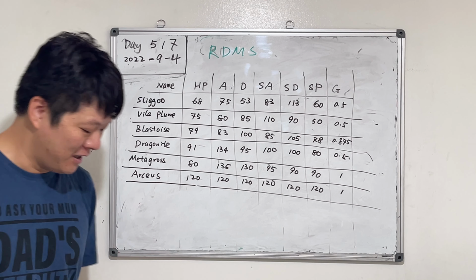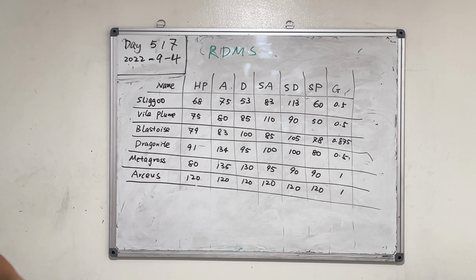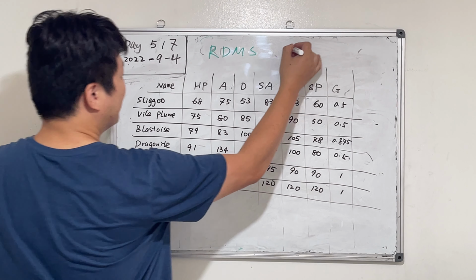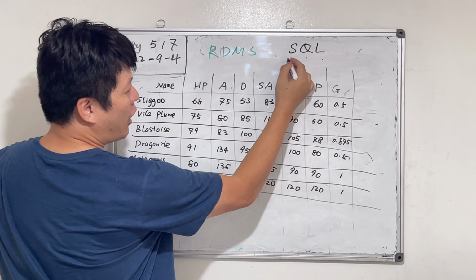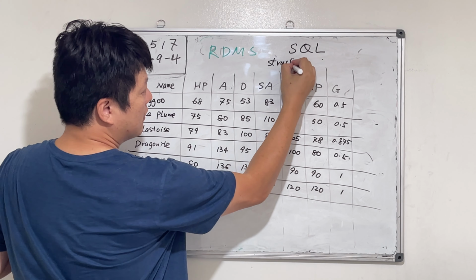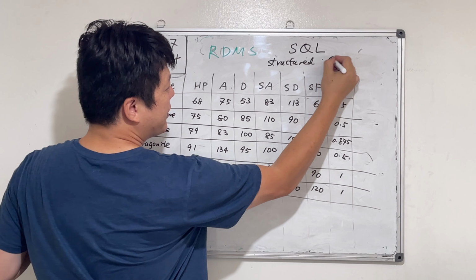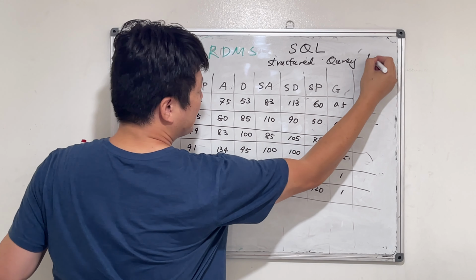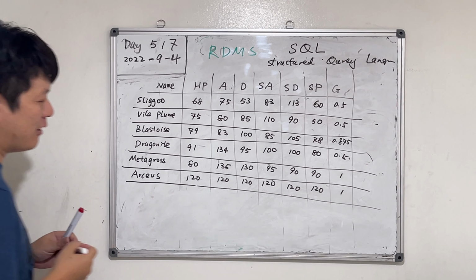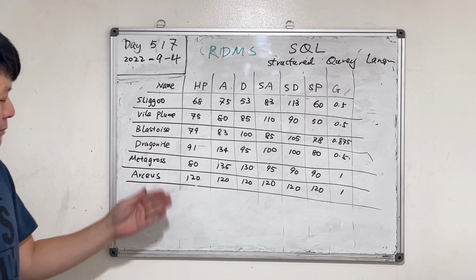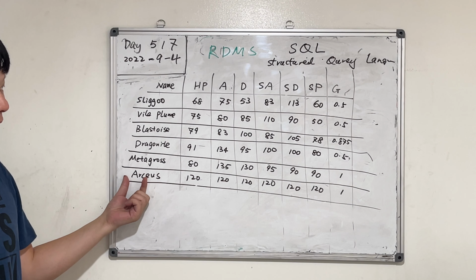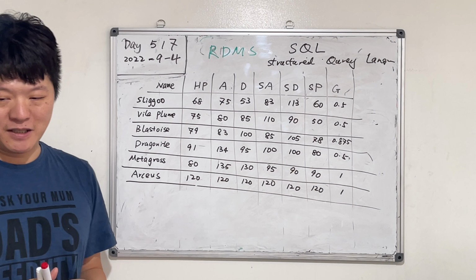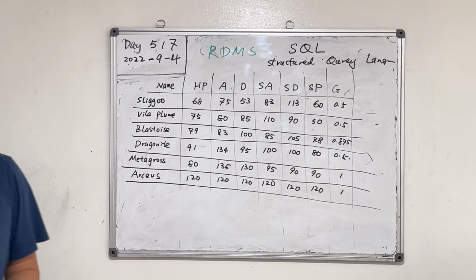This is organized. So if we ask the computer to do this, we have SQL, structured query language. If I ask the computer to tell me the name of the Pokemon who has the fastest speed, Arceus.